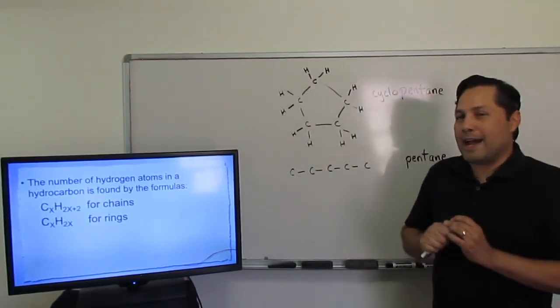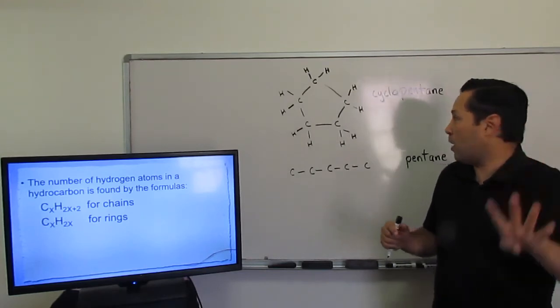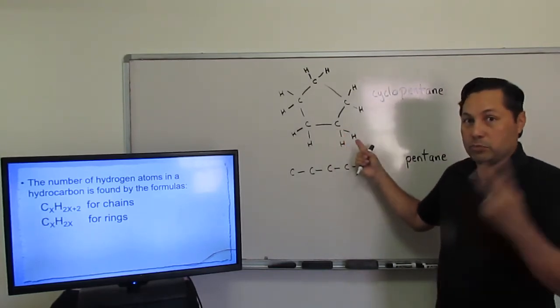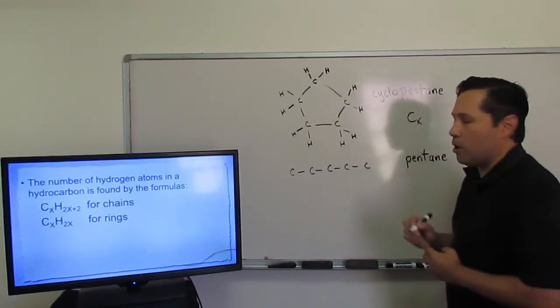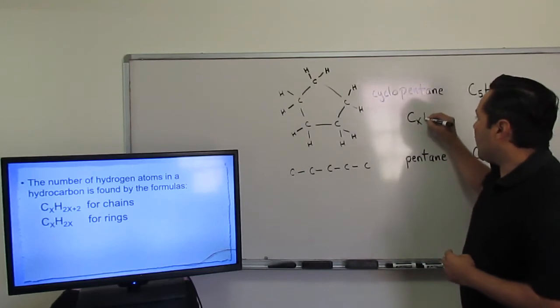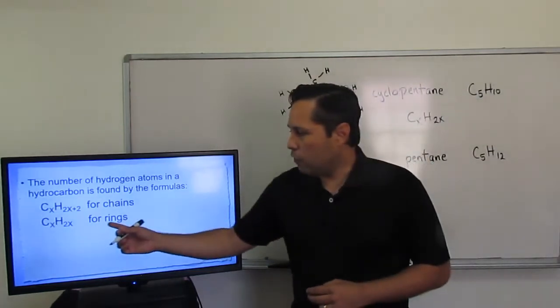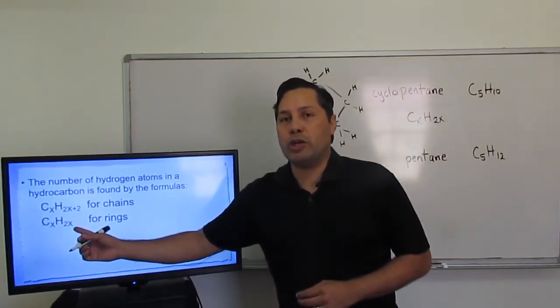You will notice that every single carbon has 4 lines coming out of it, which means there are 4 bonds. Notice also that every carbon has 2 hydrogens attached to it. So our formula is, whatever the number of carbons is, the hydrogens will be double that. For rings, whatever the number of carbons is, the hydrogens will be double.